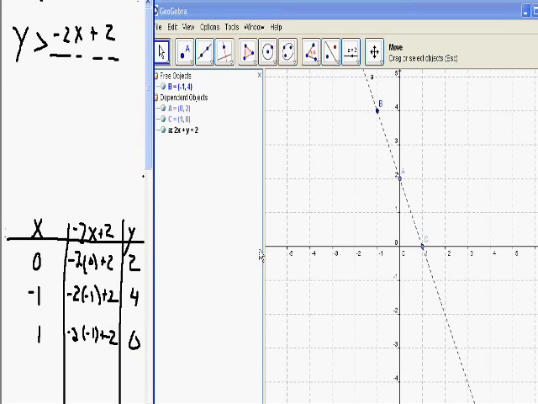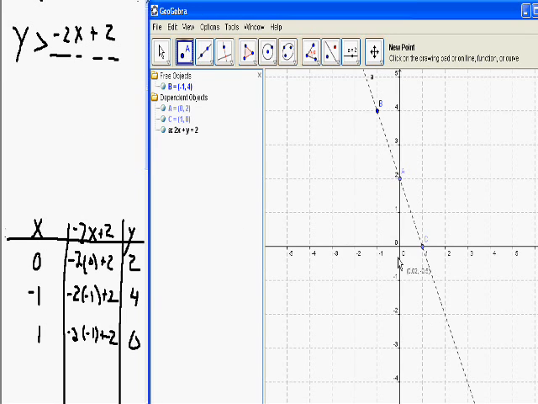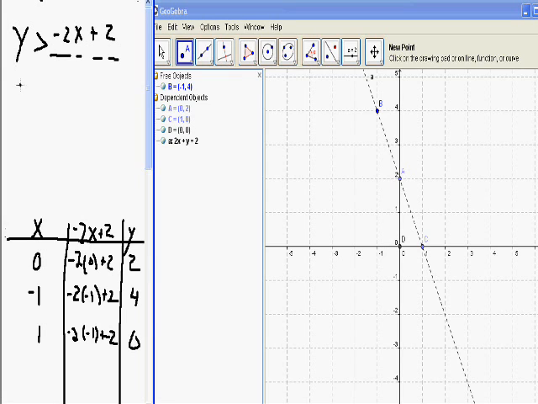Now, to find that out, we need to find a test point. I like to use my test point of 0, 0, unless it's on the line, then you can't use it. So there's 0, 0, and it's down here to the left of the line. I'm going to do a quick calculation where I put in 0 for x and 0 for y, and see if it's true.